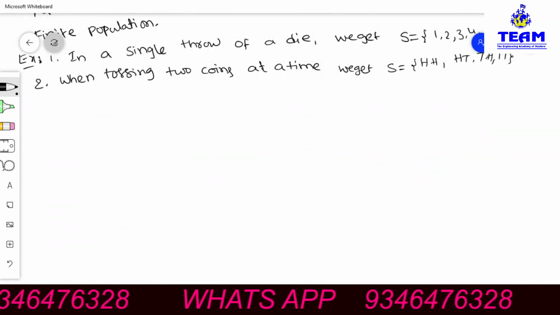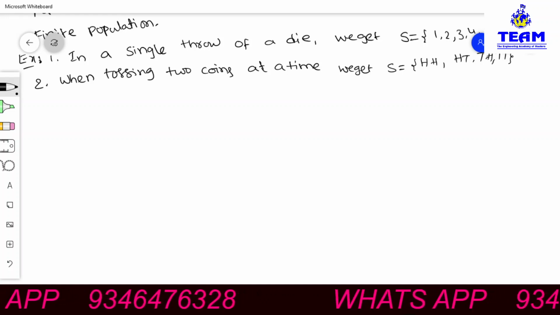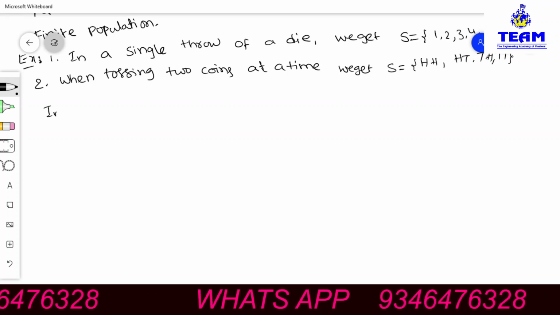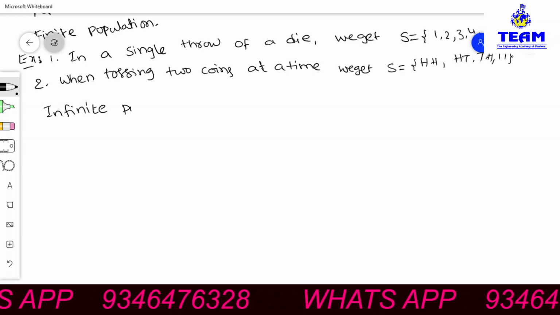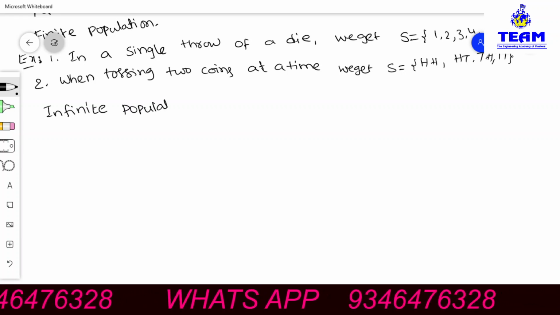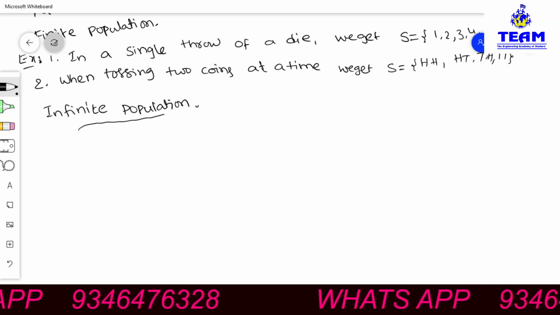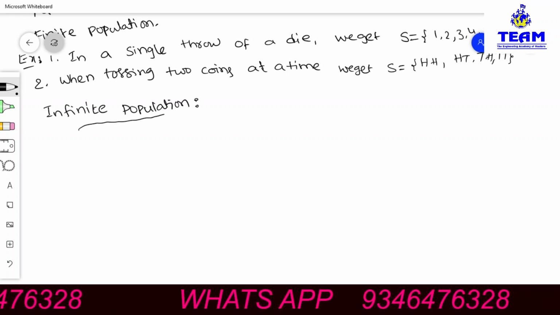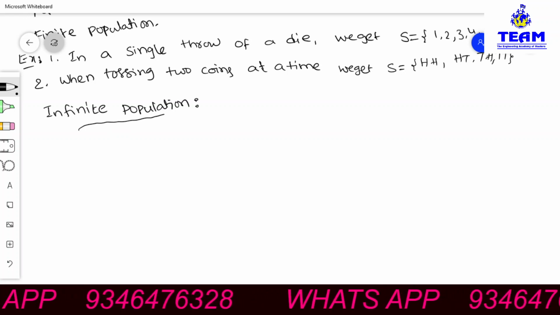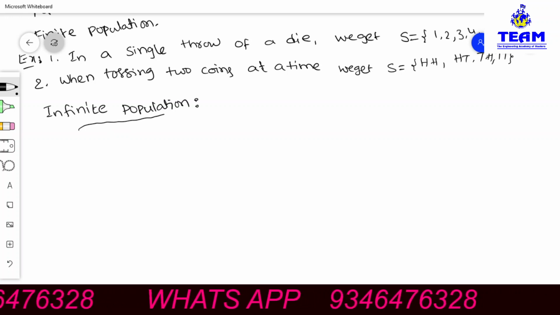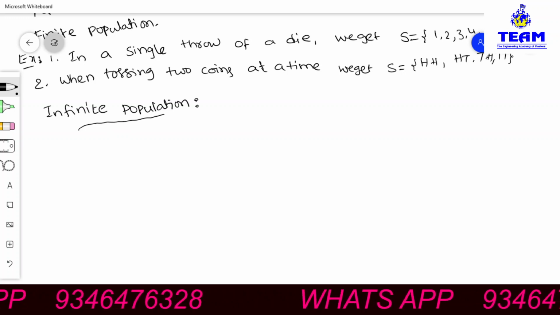Now I am saying about infinite population. If the number of elements are not countable, or the number of observations are not finite, it is known as an infinite population.